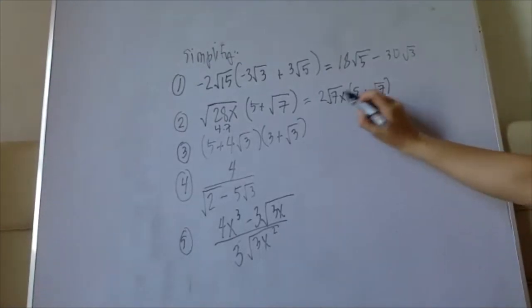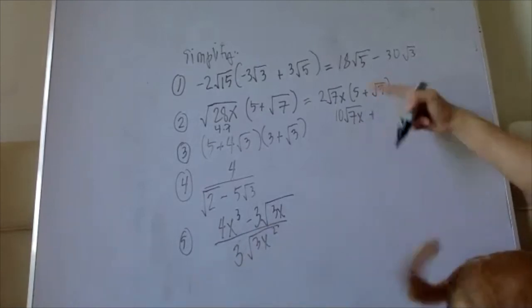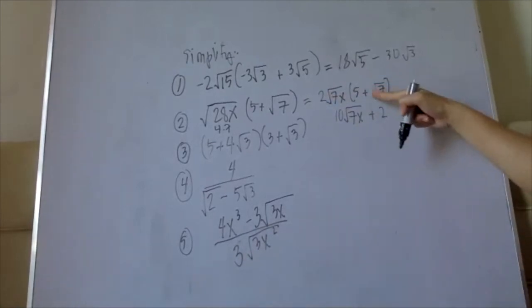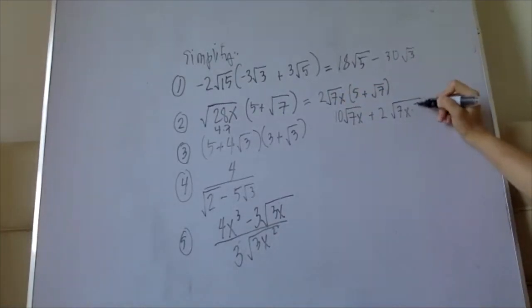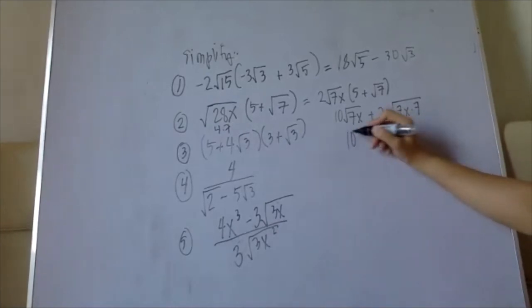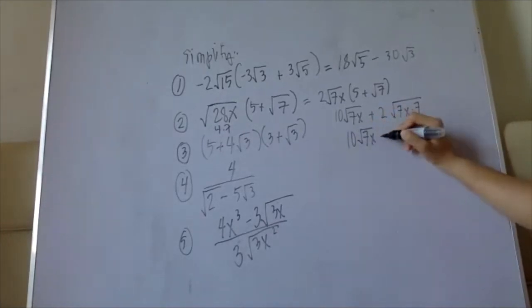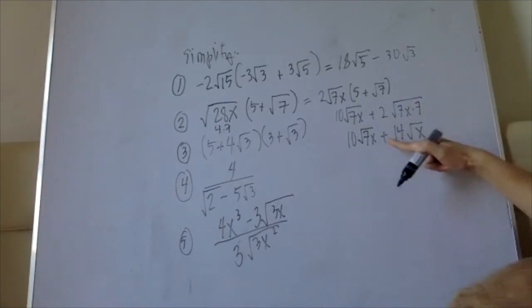So here, 2 times 5, that's 10 square root of 7x. Plus 2, kasi wala namang iba dito, 7x times 7. So 7 and 7, pwede mo siyang ilabas. 10 square root of 7x plus 2 times 7, 14 square root of x.